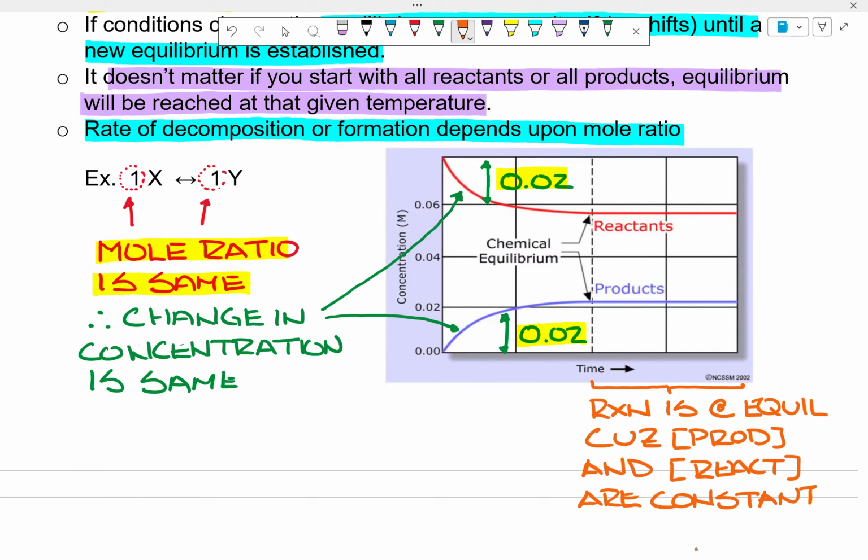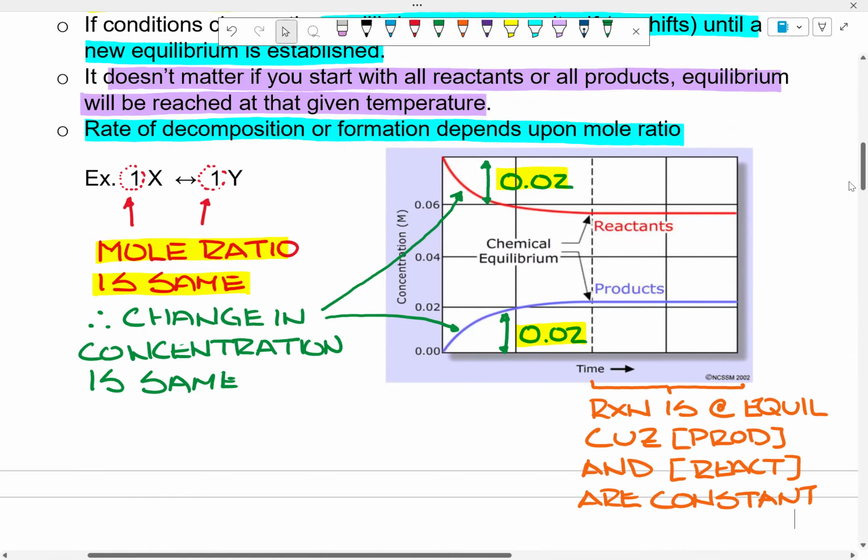Okay, notice they're not the same. Notice the reactants at equilibrium is around 0.06 and the product is at 0.02. But notice they are not changing in their concentrations. So therefore, that is considered an equilibrium situation.